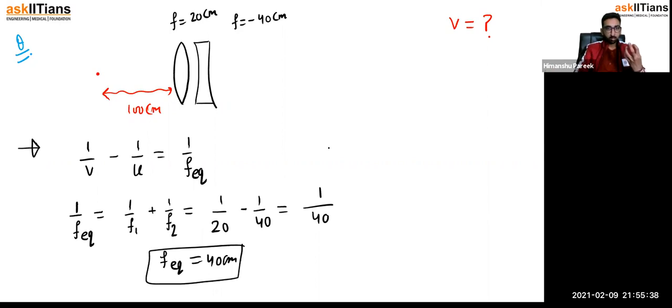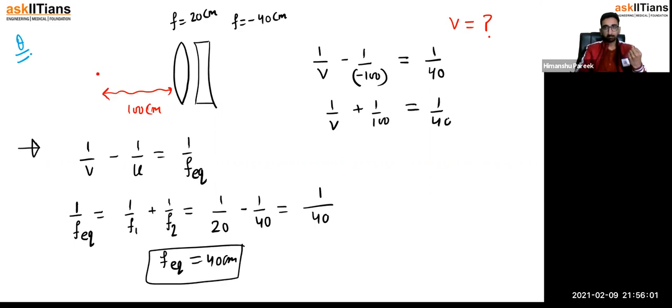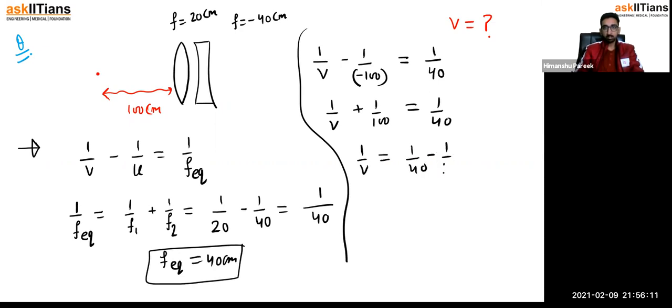Now let me use it. 1 by V, object distance I must take as minus 100 by sign convention, is equal to 1 by the equivalent focal length, 1 by 40. So 1 by V plus 1 over 100 is equal to 1 by 40. Then 1 by V is equal to 1 by 40 minus 1 by 100.